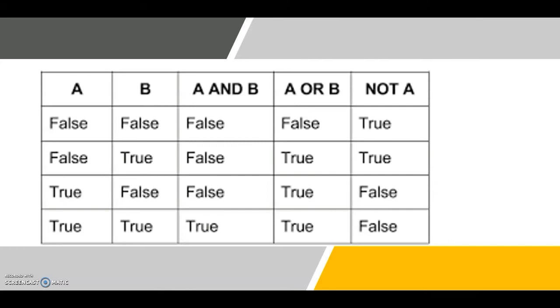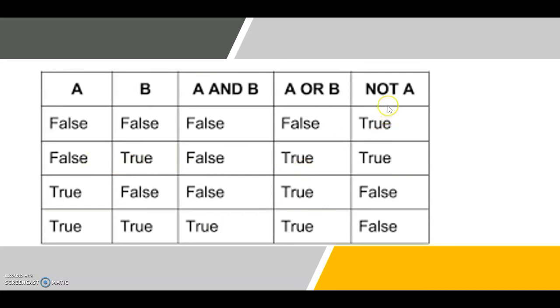If both the values are 0, meaning both are false, then the result will be false. So if you want to check whether both the values are true or not, you can use the and operator. And if you want to check whether either one of the values is true, you can use the or operator.